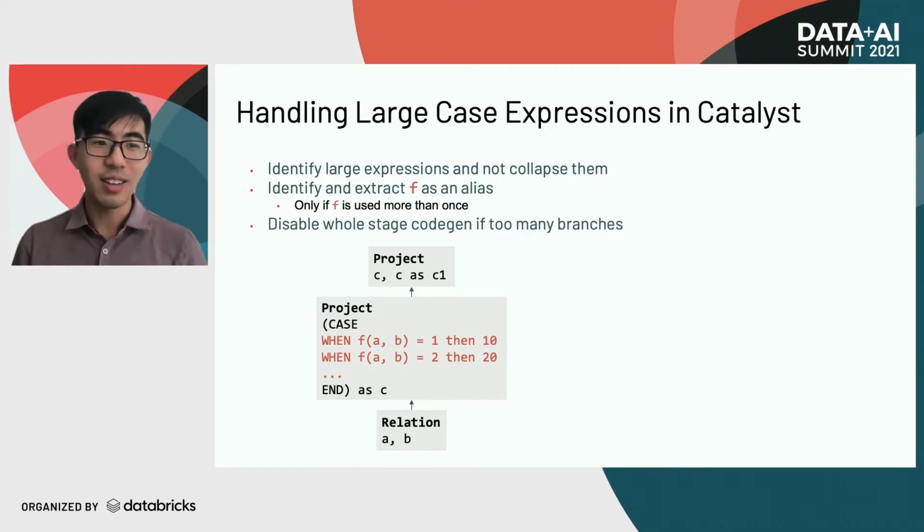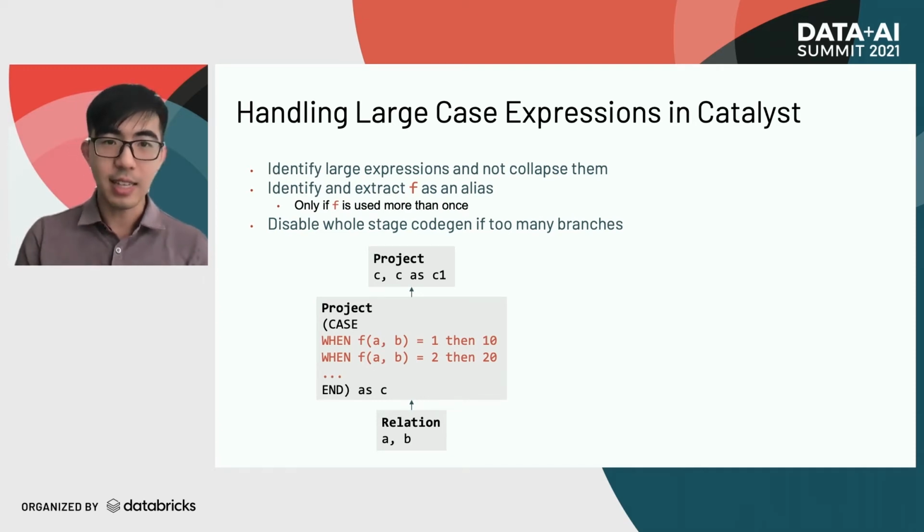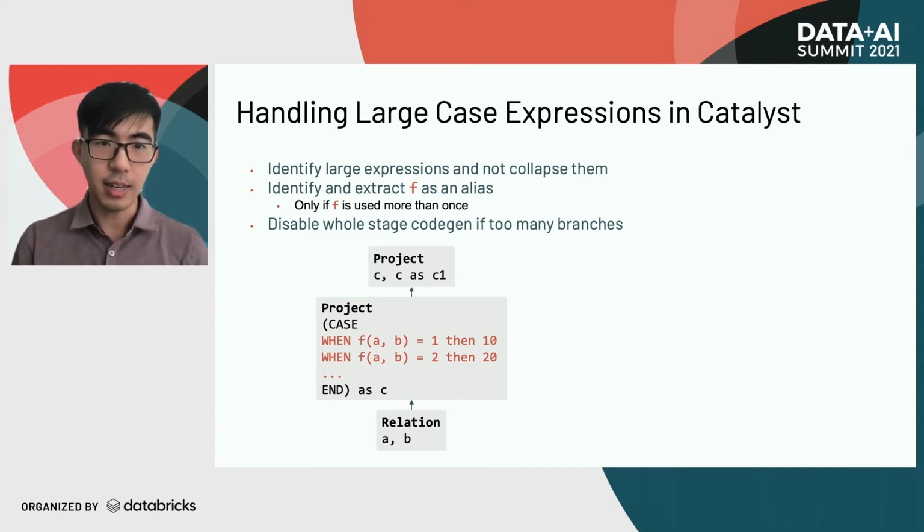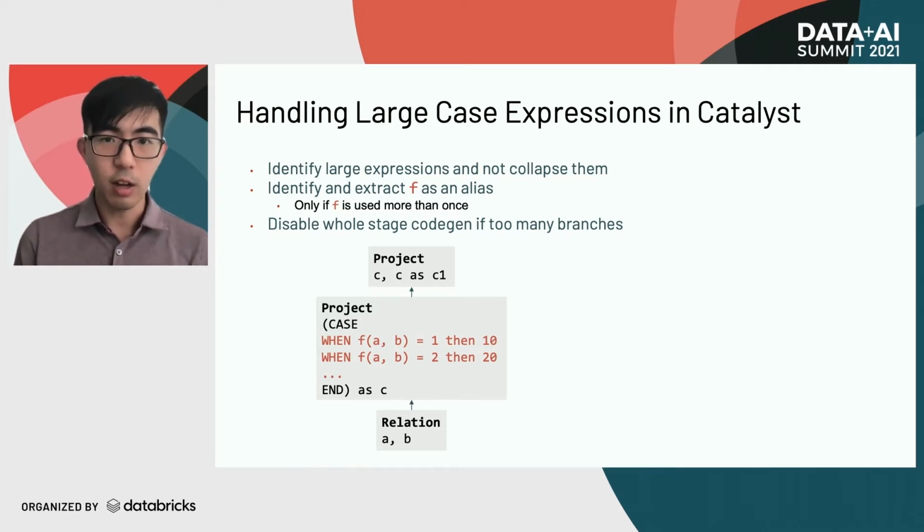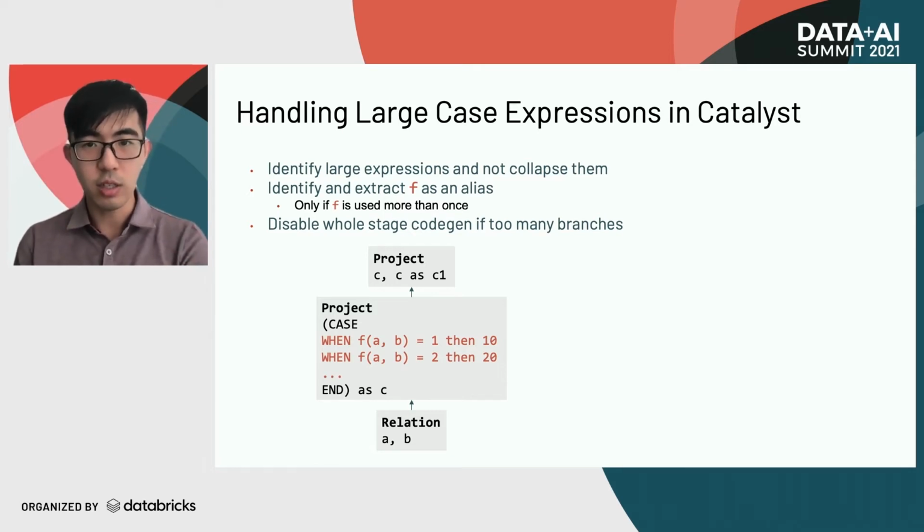So what can we do then? Obviously, we want to make sure these 2 bad things that Catalyst does is mitigated. So first, we come up with a way to identify large expressions so that we can see when the case expression is expensive. And we'll make sure to not collapse them. Make sure the collapse project rule does not apply.